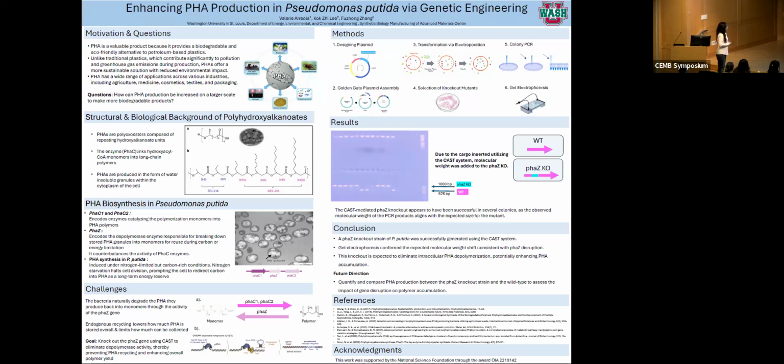This CAST technology is a CRISPR-associated transposase. It's similar to the CRISPR-Cas9 system. It's a gene editing system, but unlike CRISPR-Cas9, it doesn't create a double-stranded break in the DNA. It utilizes a CRISPR guide RNA-guided protein, but it uses a transposon to insert the DNA fragment without creating that double-stranded break.